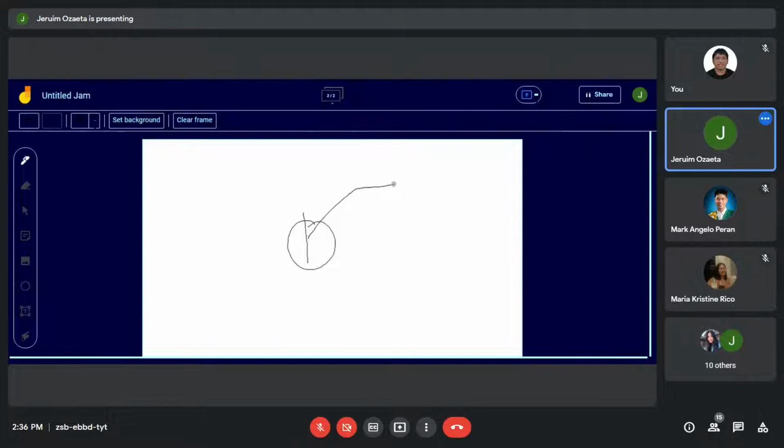Okay? This is the load. This is the battery. Okay. Positive. Okay, so this is negative.